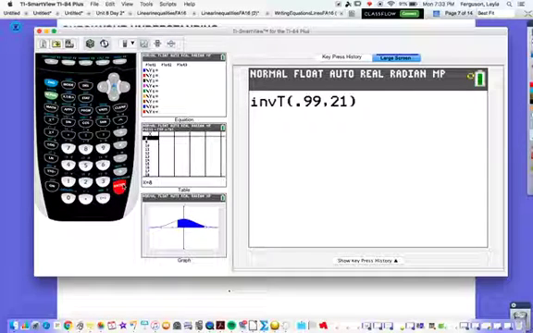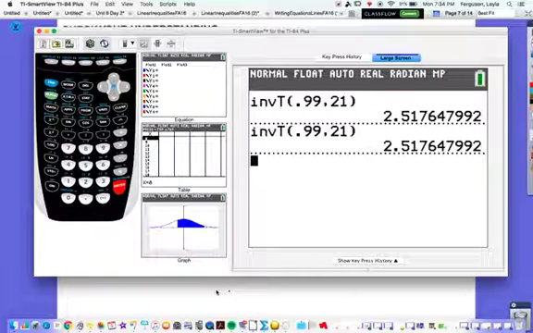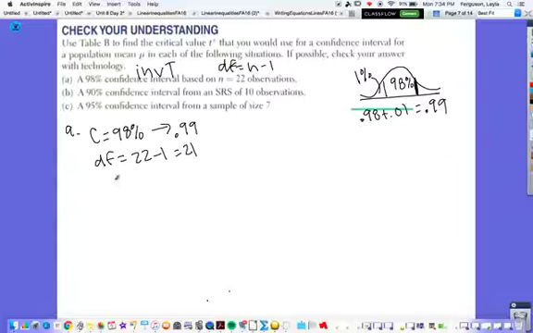Alright, so that's what we should get. Boom. Okay, so our answer is 2.517647992. So our T star, we'll round that to 2.518.